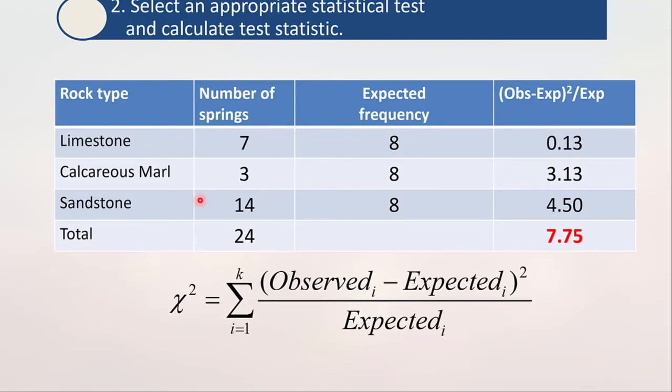Now, with this table, we can calculate the chi-square statistic: observed minus expected frequency, squared, divided by the expected frequency. For limestone, it's 0.13, for calcareous marl, 3.13, and for sandstone, 4.5. So the total is 7.75. So the chi-square equals 7.75.